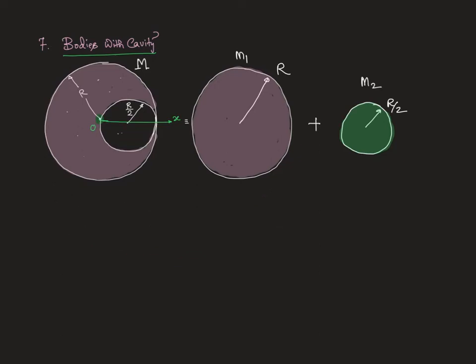So what is m equal to? m is equal to sigma times pi r square minus pi r by 2 square. That is, m is equal to sigma times 3 pi r square by 4, right?